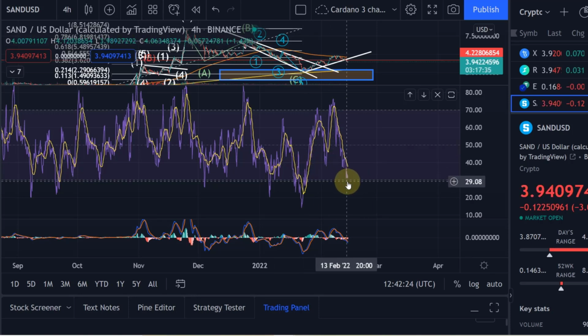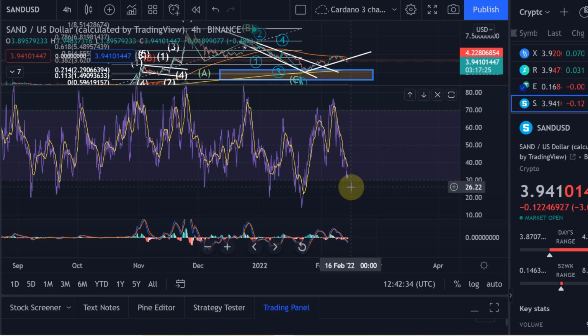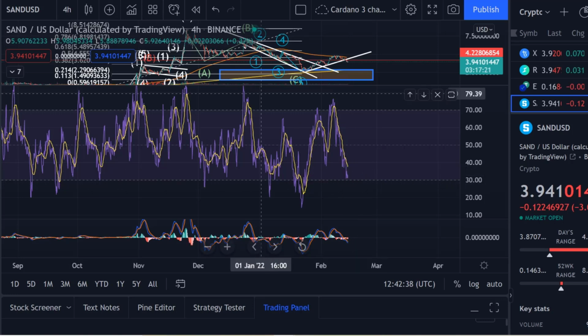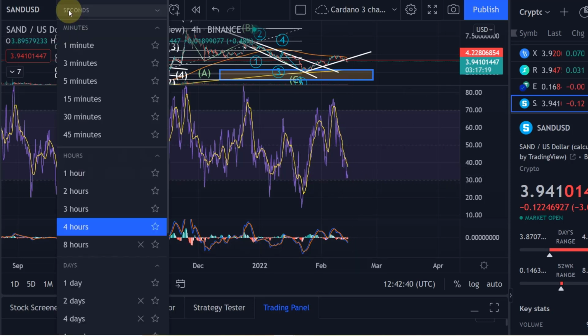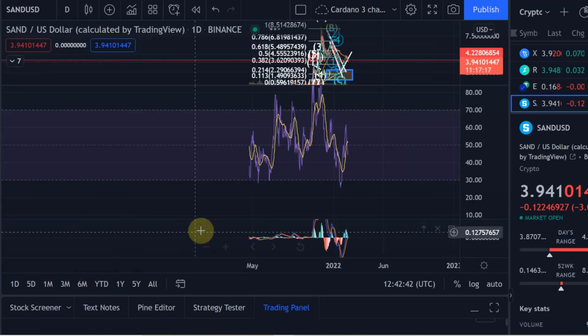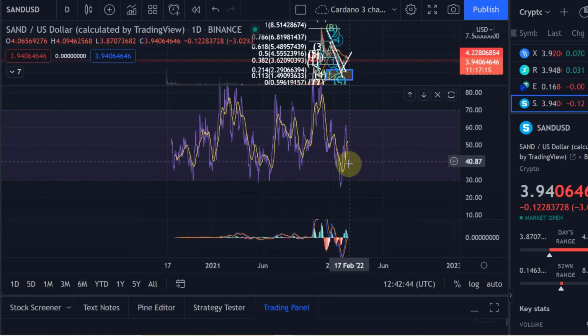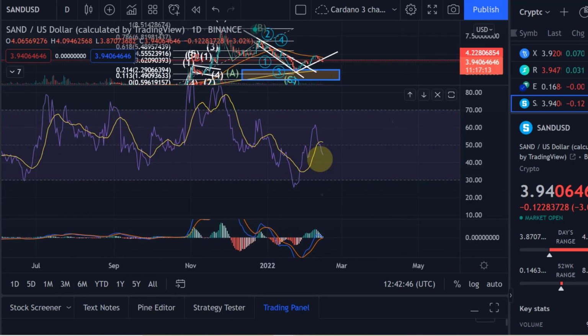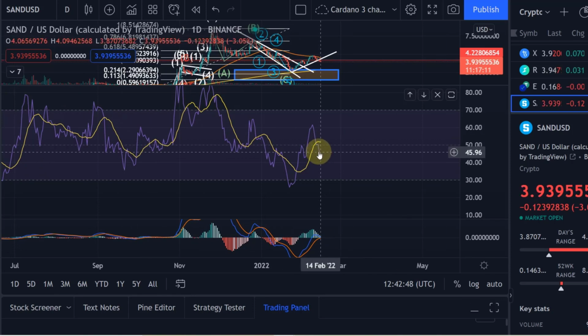Now, another reason why I think we could drop a little bit more before we start that wave B to the upside is that we still have a bit of room here on the 4-hour chart. On the RSI, we're nearly oversold, not quite yet, so you can expect a little bit of further move down, and especially on the daily chart as well, you're not oversold yet. There is still a little bit of room for further downside, but also we are in the bearish range again.